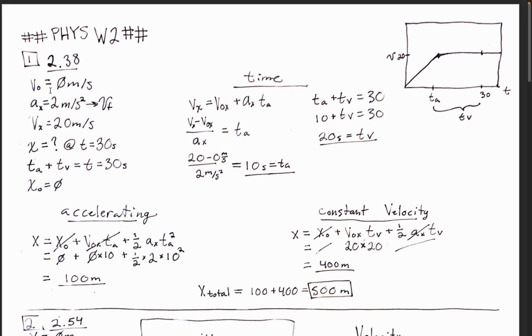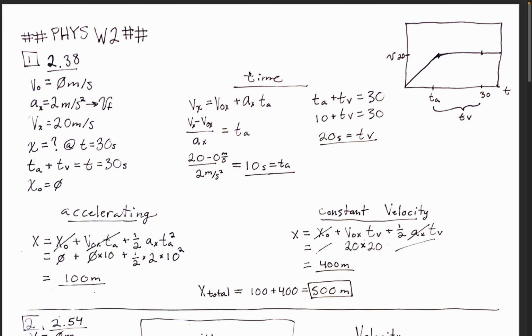So then if we want to continue our list of given values, you see the acceleration in the x direction is 2 meters per second squared until it reaches the final velocity. Then we see that velocity sub x is the final velocity, and that's 20 meters per second. And like I said before, it's asking what distance it travels at time equals 30 seconds.